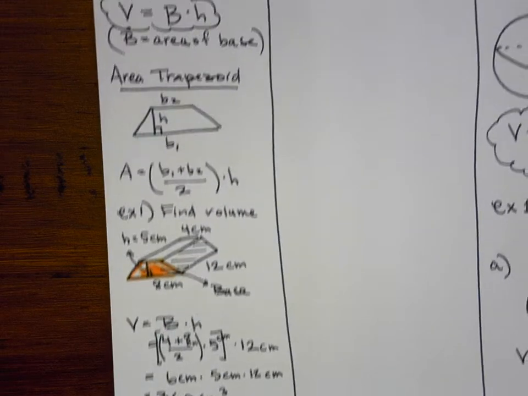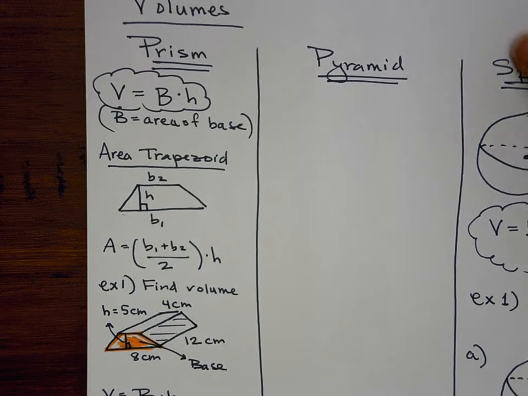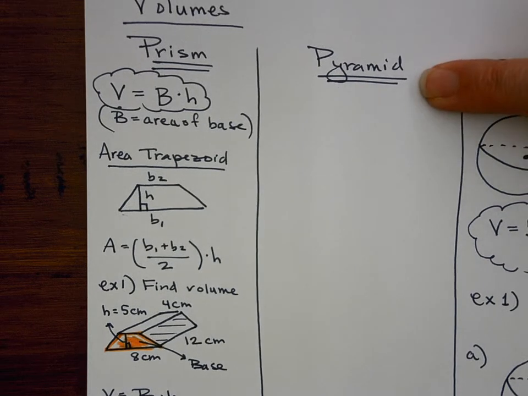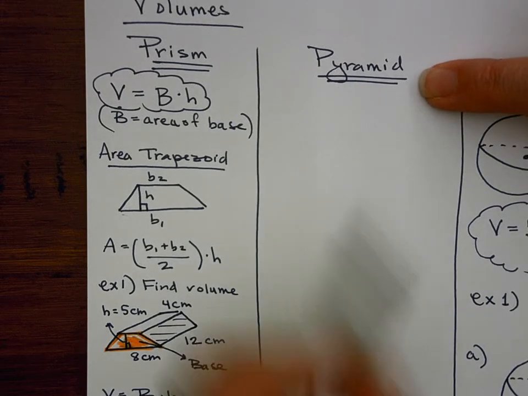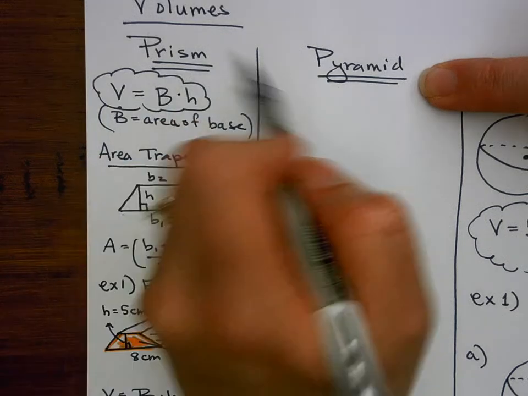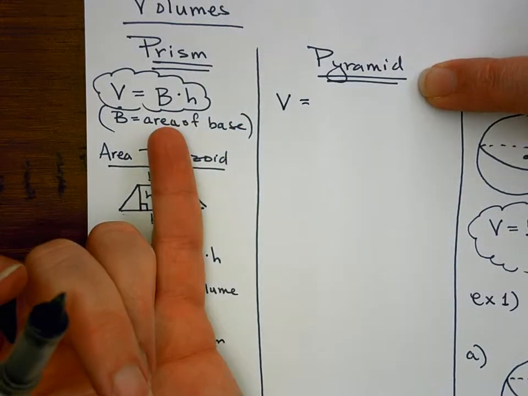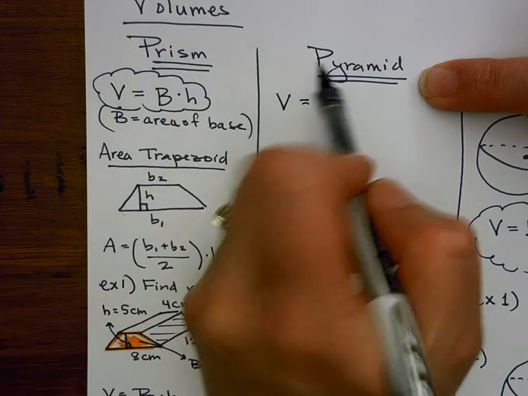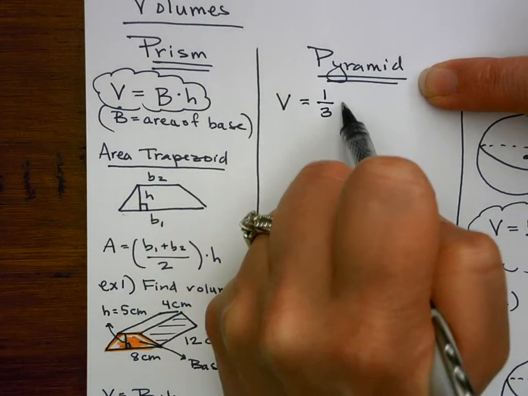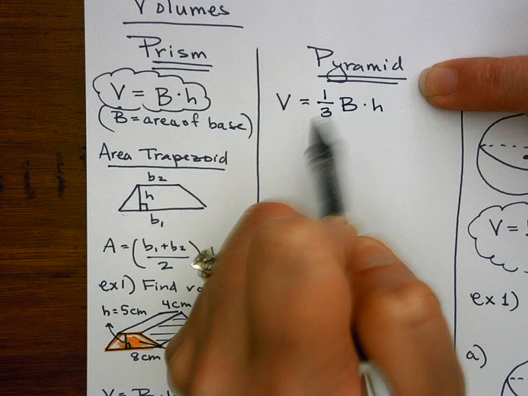All right, last one here. So for our last formula, the pyramid. For a pyramid, it is a similar idea. So we have volume equals, but instead of just area of base times the height, it's 1/3 of that. So we would do 1/3 the area of the base times the height.